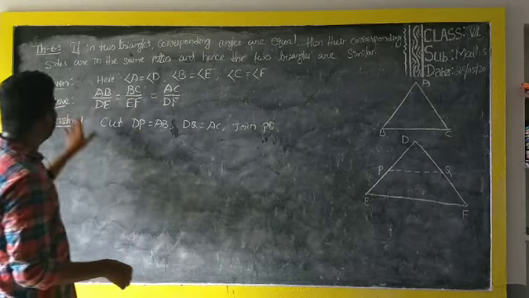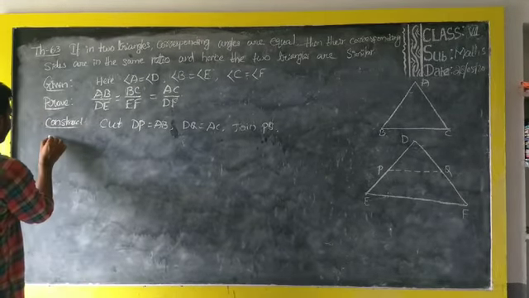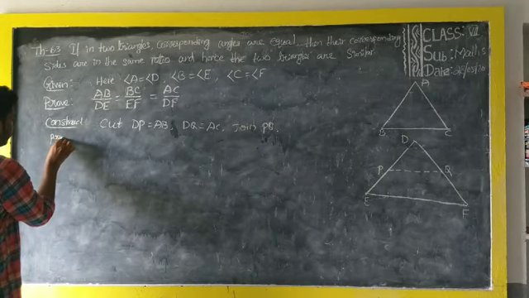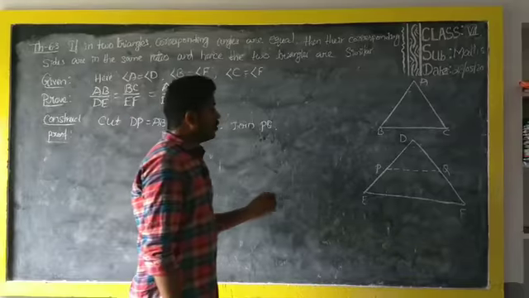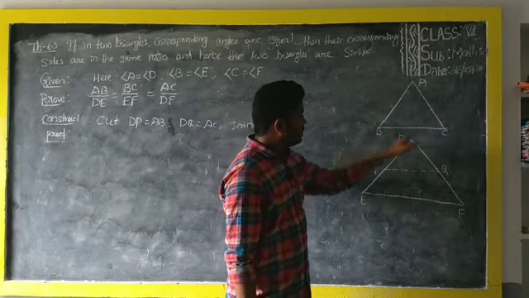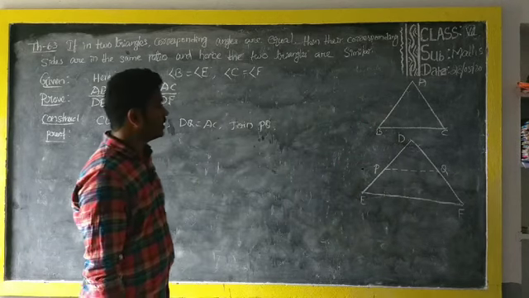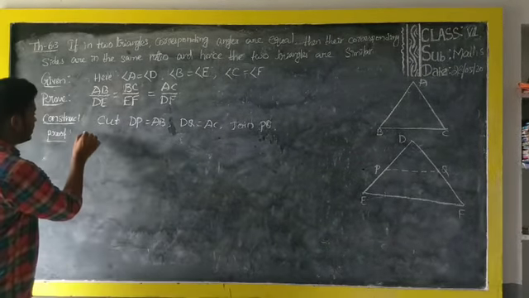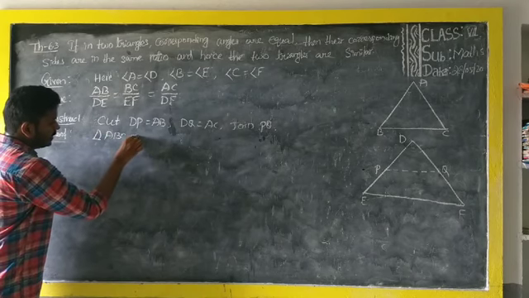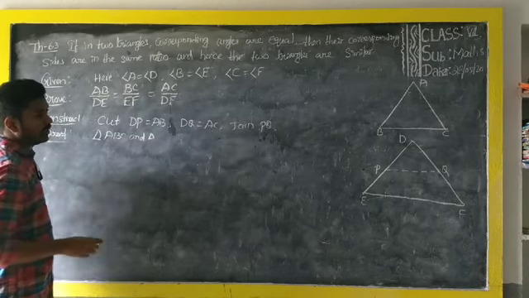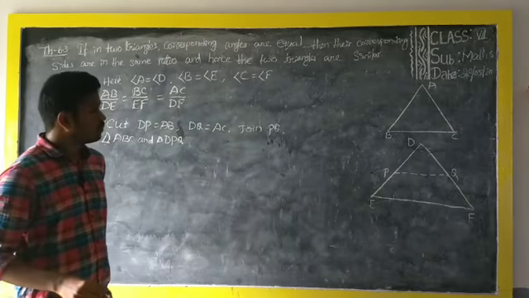Now how to prove the ratio is equal? First of all, the proof. Okay, take triangle ABC and triangle DPQ.